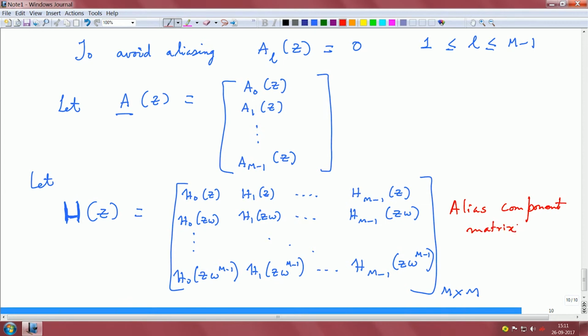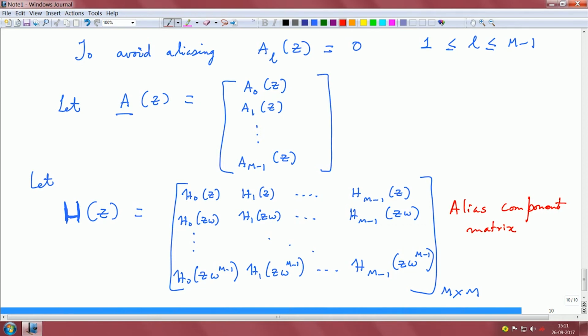or our AC matrix. So, we had the AC matrix for a 2 channel filter bank, which had just 2 components, right. It was a 2 by 2 matrix. Now, generalizing this, we have an m by m matrix, which is the alias component matrix.